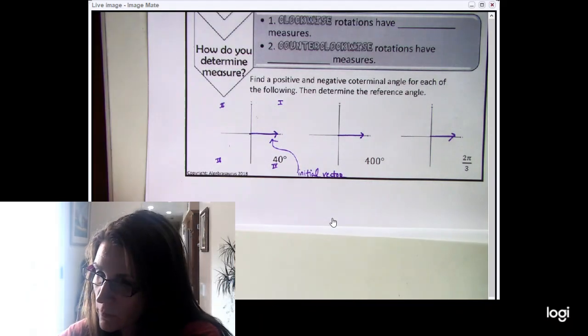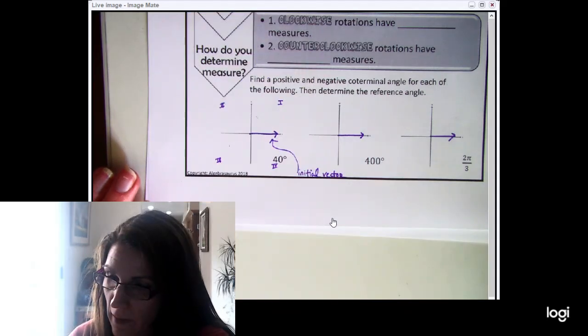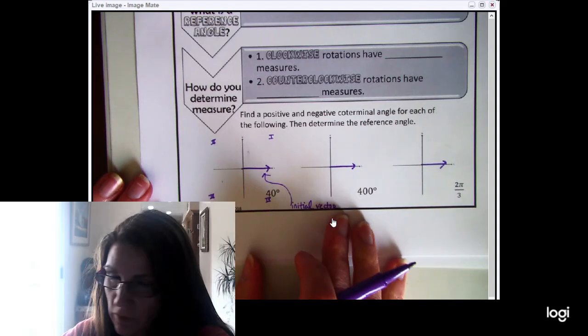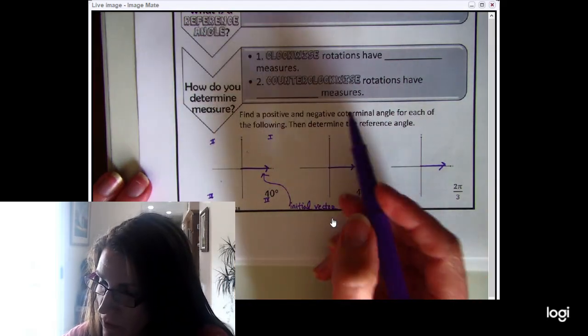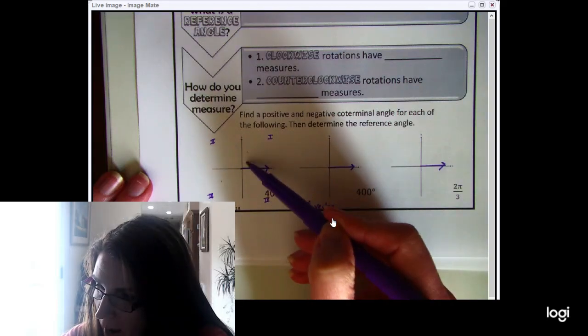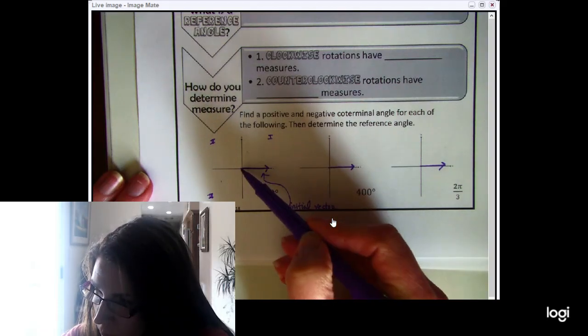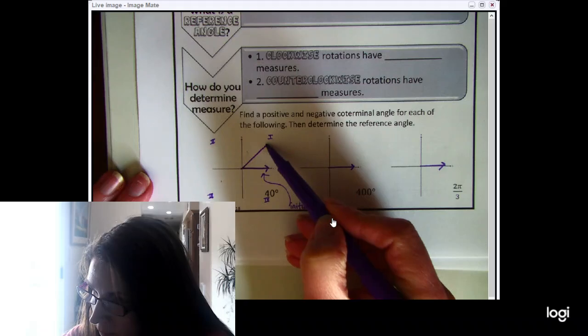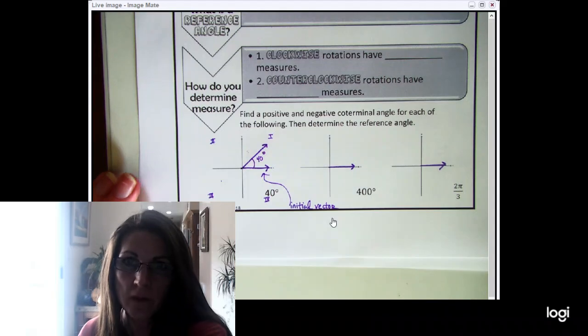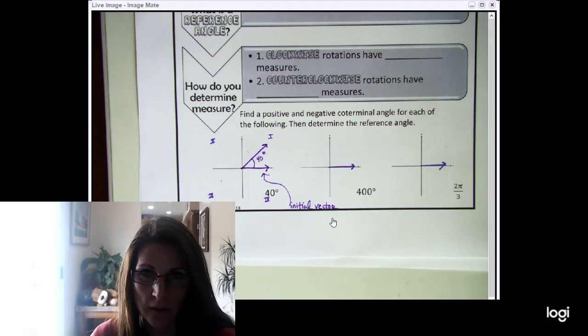So if I want to sketch 40 degrees, I'm not asking you to pull out a protractor and measure this by any stretch of the imagination. But what you should know is if straight up is 90 degrees, halfway is 45, so 40 degrees would be a little less than 45. And as long as you tell me that it's 40 degrees, I believe you.